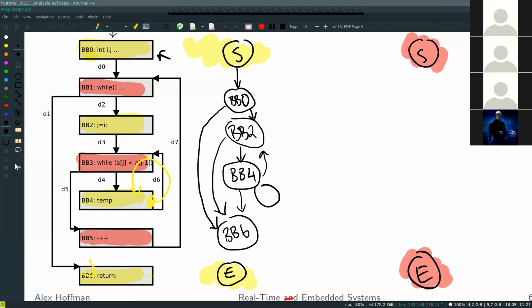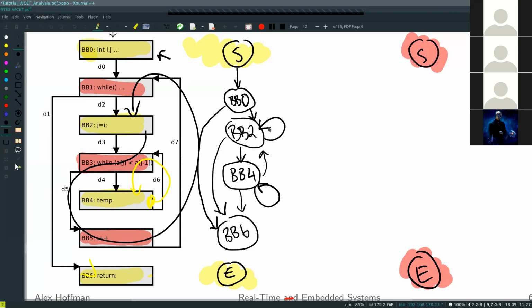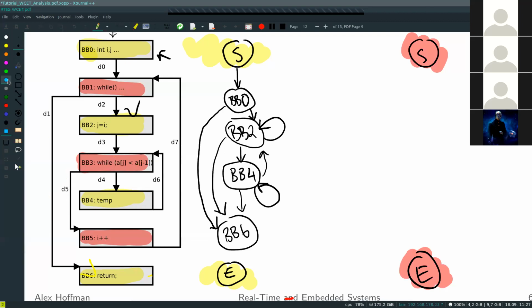So BB4 has a loop like this. Similarly, BB2 can go like this, back to itself. And these are very important because these loops represent cache hits. These are guaranteed cache hits. And do we understand why? Does it make sense that they would be cache hits?